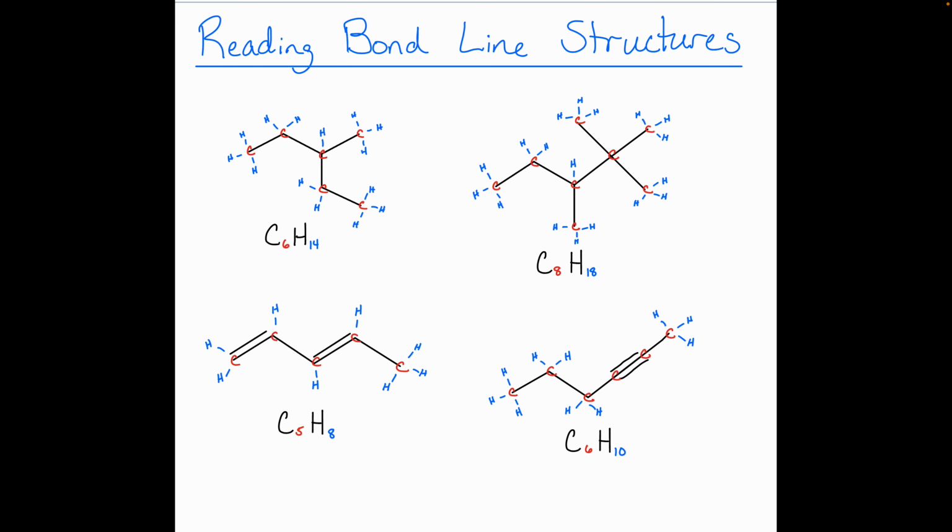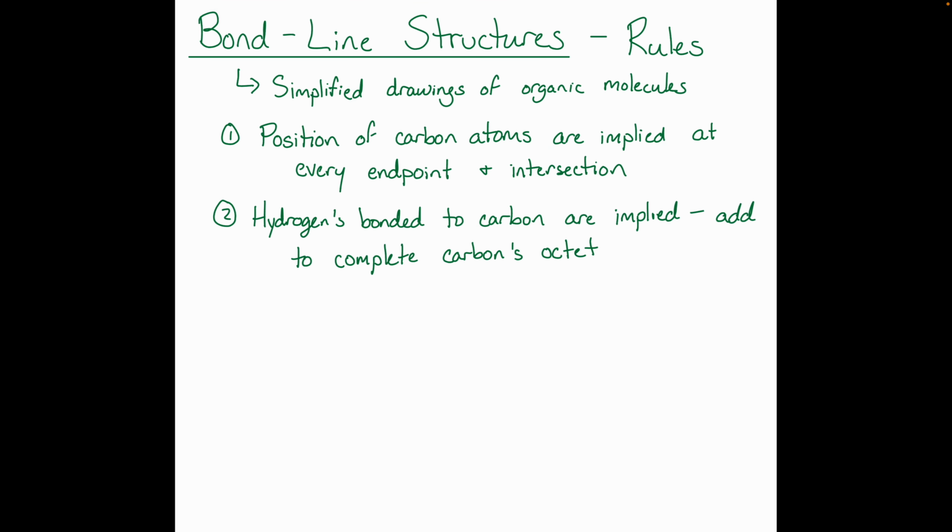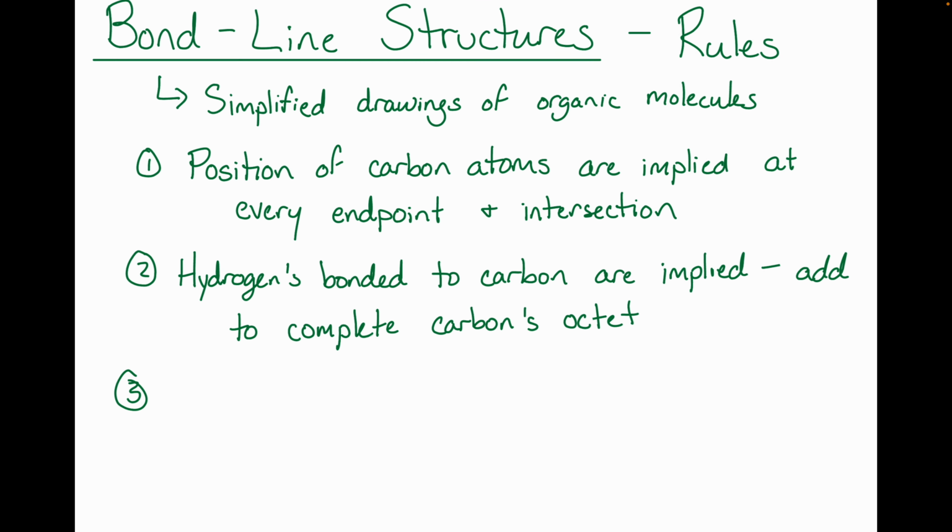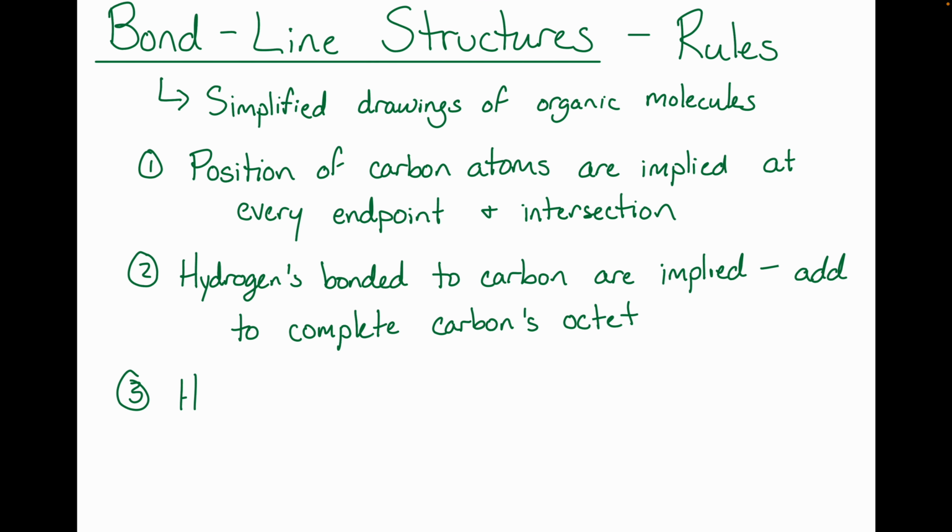There's one more rule that we're going to add to our bond line structures rules. Okay. And these are for what we call heteroatoms, which in organic chemistry is everything other than carbon and hydrogen.